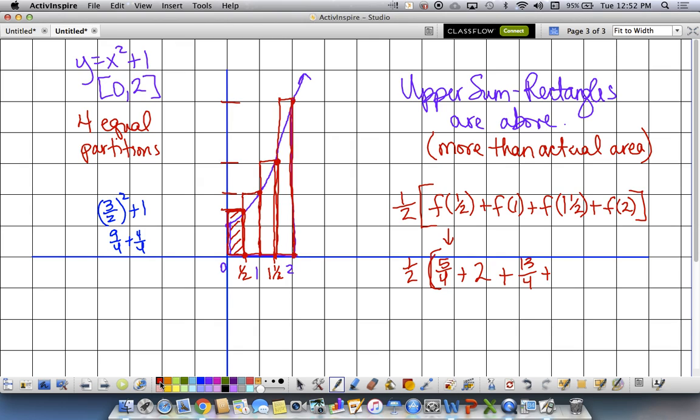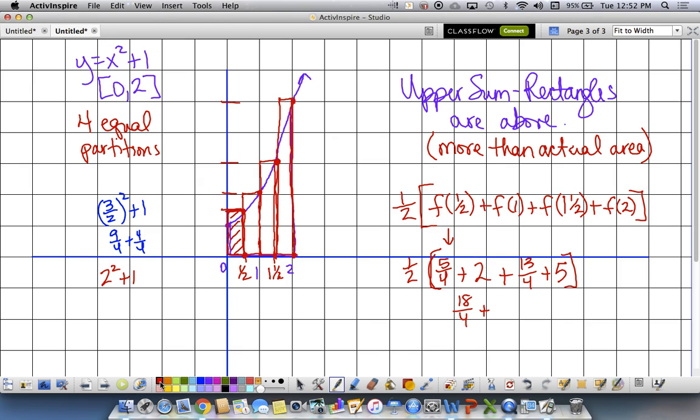Plus, now we are using f of 2. So going up to 2, if I plug in 2 squared plus 1, we're going to get 5, which we already had figured out. Okay? So now 5/4 plus 13/4, now I know is 18/4.